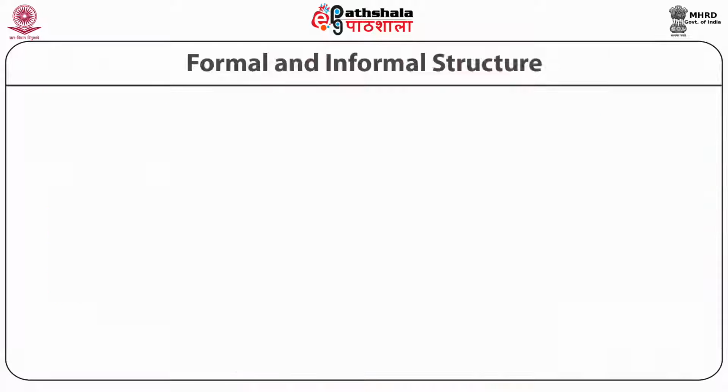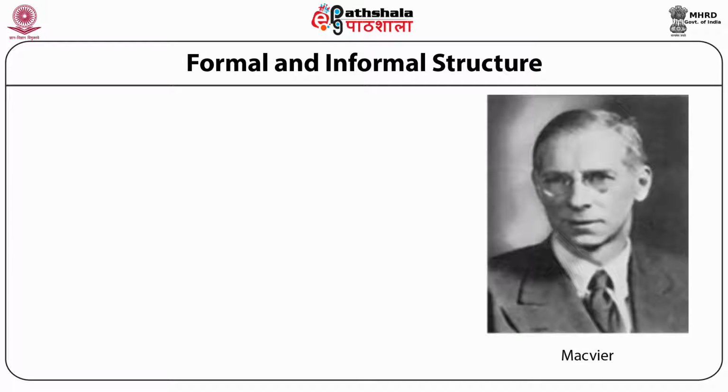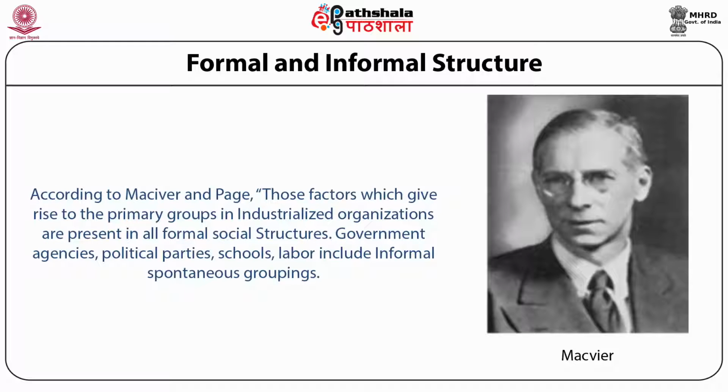of Knowledge. Coming to see whether there is any formal or informal structure, MacIver, a famous sociologist who has written a book on society along with Page, says that there are factors that give rise to primary groups in industrial organizations, which are present in all social structures, and which give rise to secondary organizations.